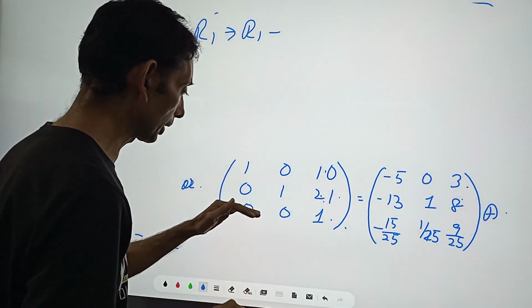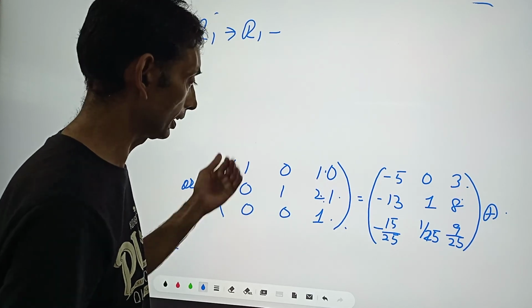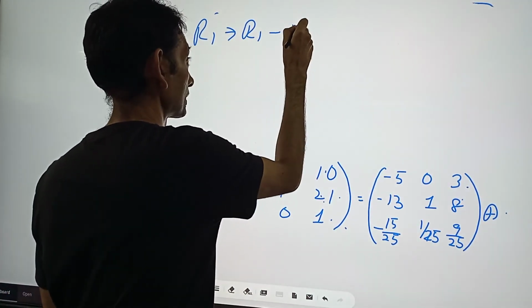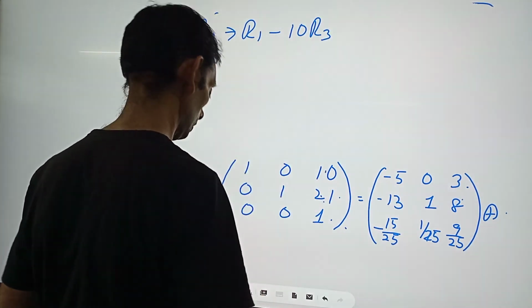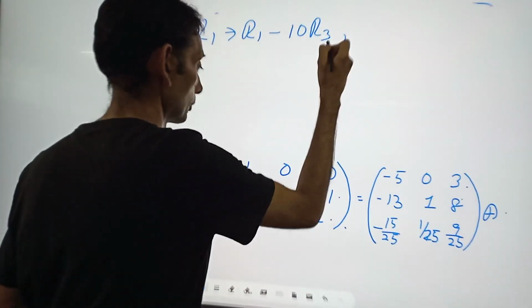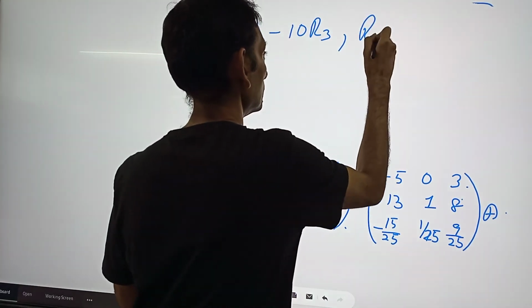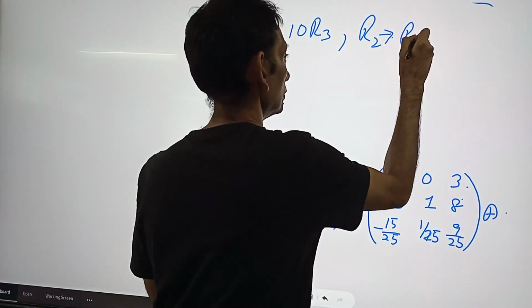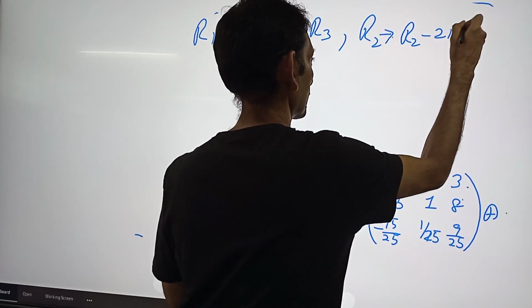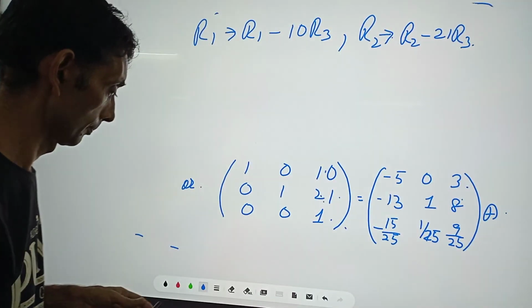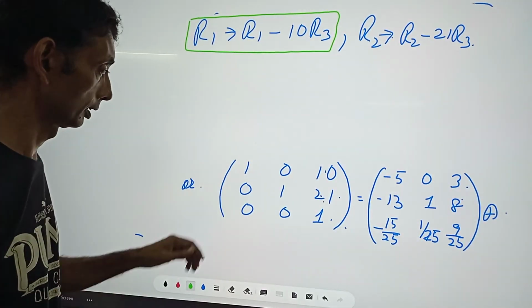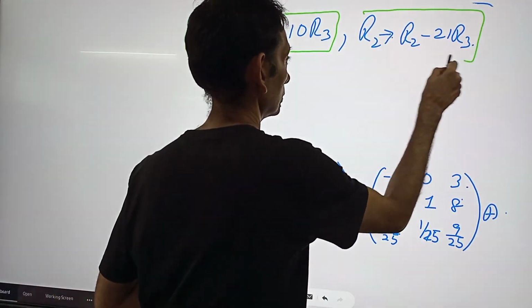We'll multiply the third row by 10 and subtract: R1 minus 10 R3. Similarly R2: R2 minus 21 R3. Okay, this is R1 and this is R2.